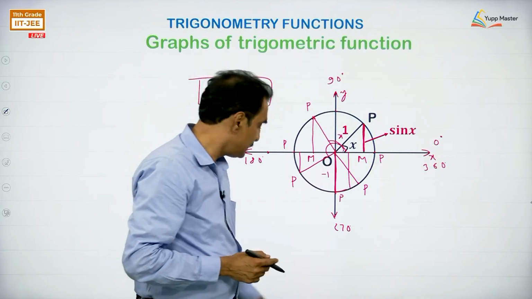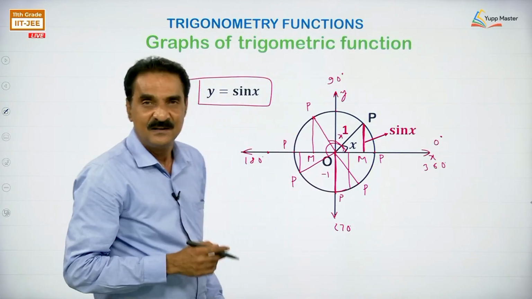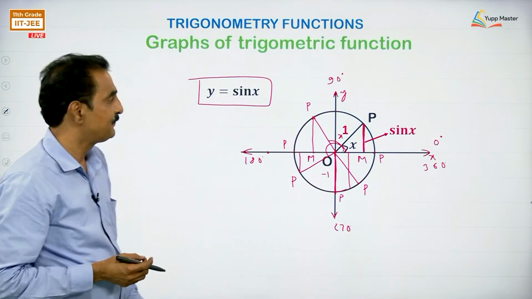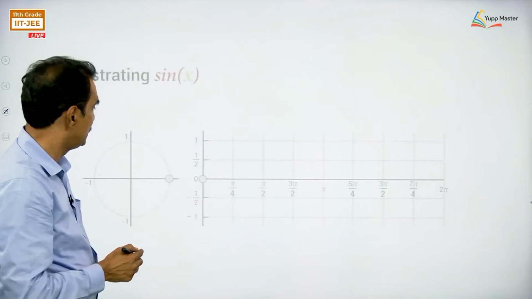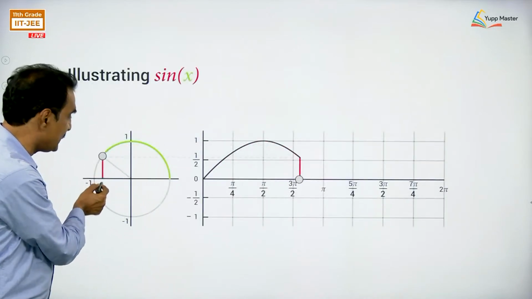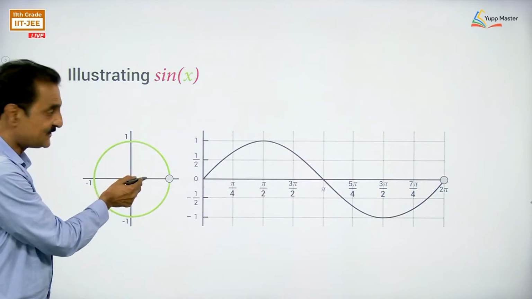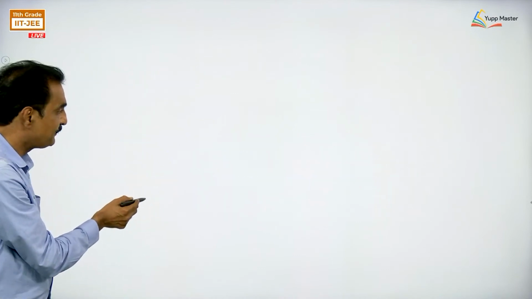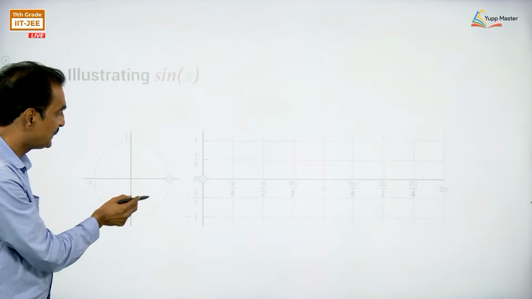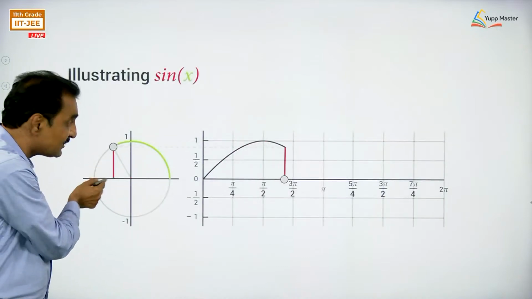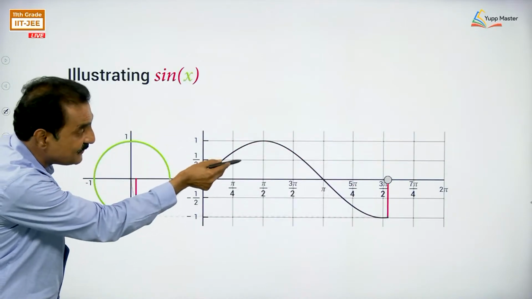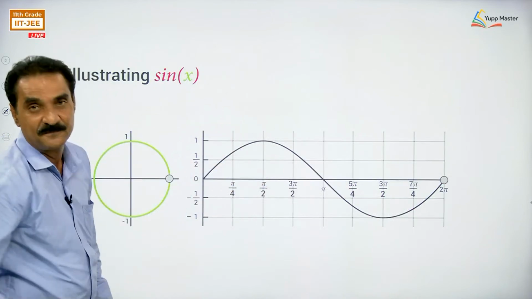Okay. Now let us see all these things in a simple animation. Just see the perpendicular, the red color one is the perpendicular, that is the value of sin x. Once again I will play. Just observe the length of the perpendicular and the corresponding values of y, so that we get the graph.